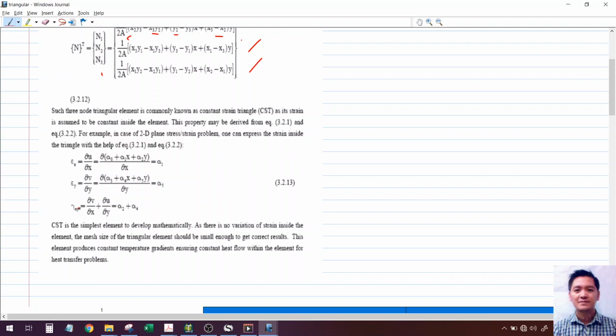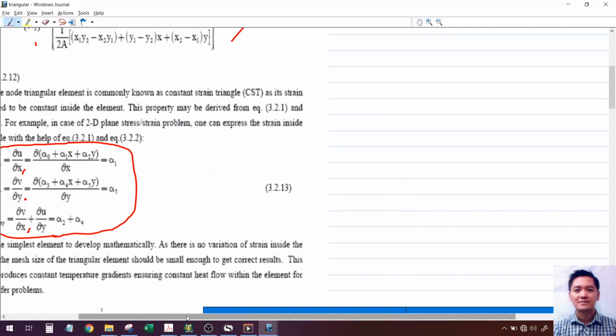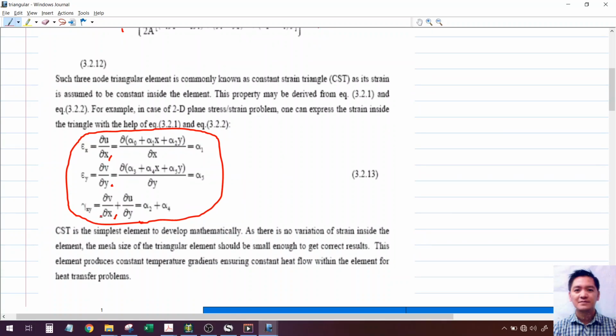Shearing strain rather, xy. So, from the discussion of elasticity, alam mo na to dapat, no? Yan. Okay. For strain x, syempre, du dx. Okay. So, along with the direction of x, no? While strain y, sa direction naman ng v, no? dv dy, no? Then, shearing strain, dv dx plus du dy.